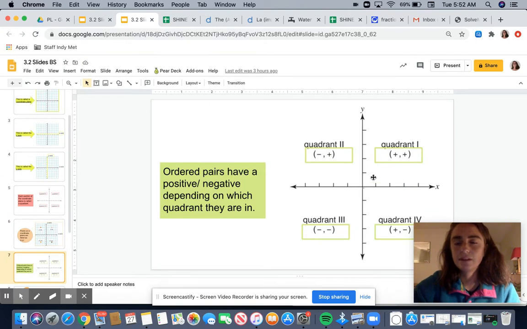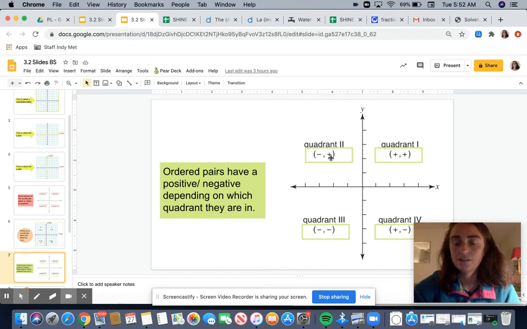And like you saw a little bit in the last slide, because of the values of the y-axis and the x-axis, the points in these quadrants are always going to follow a similar pattern of positive negative. So in the first quadrant, the points are going to be positive, positive. So the x is positive, the y is positive.